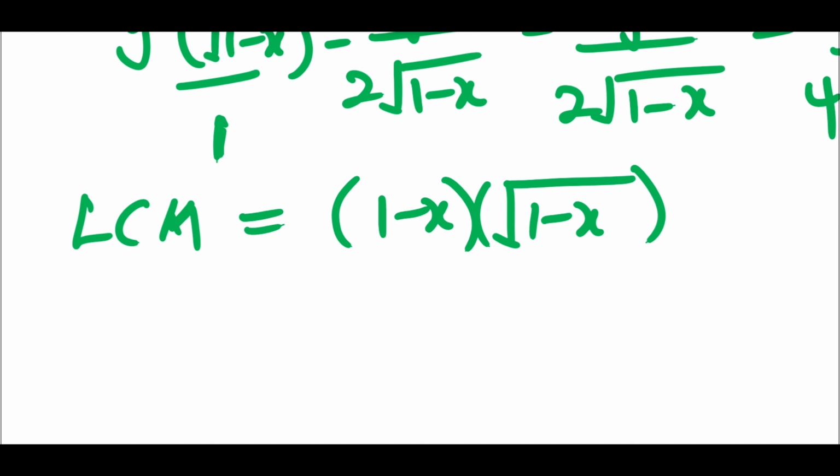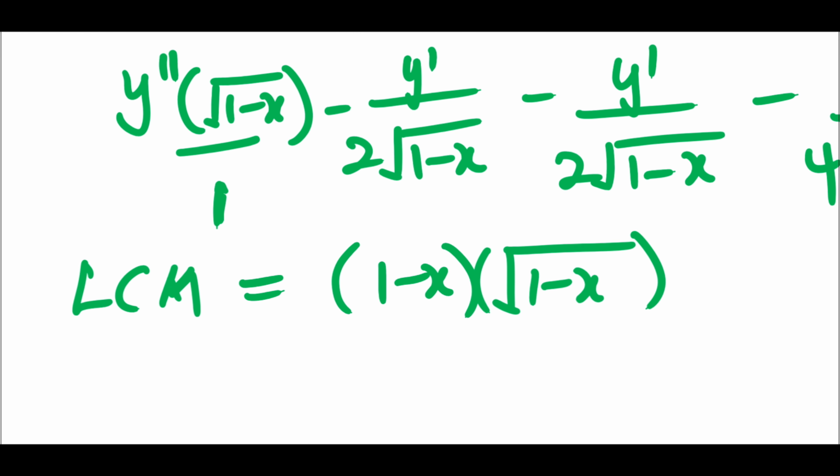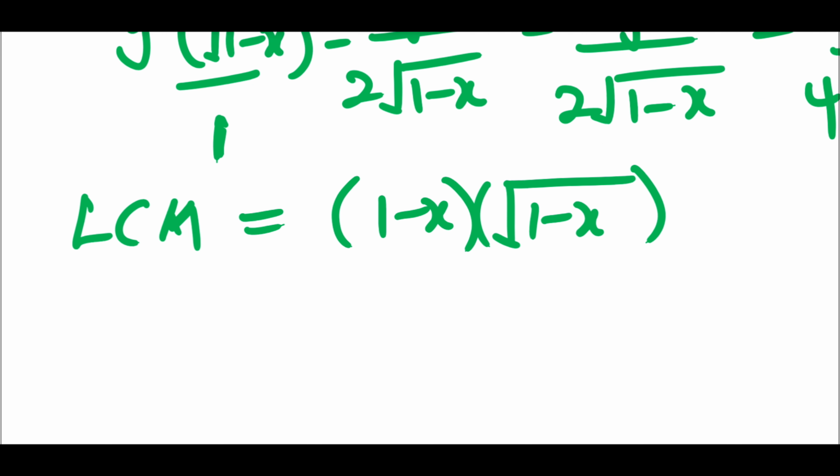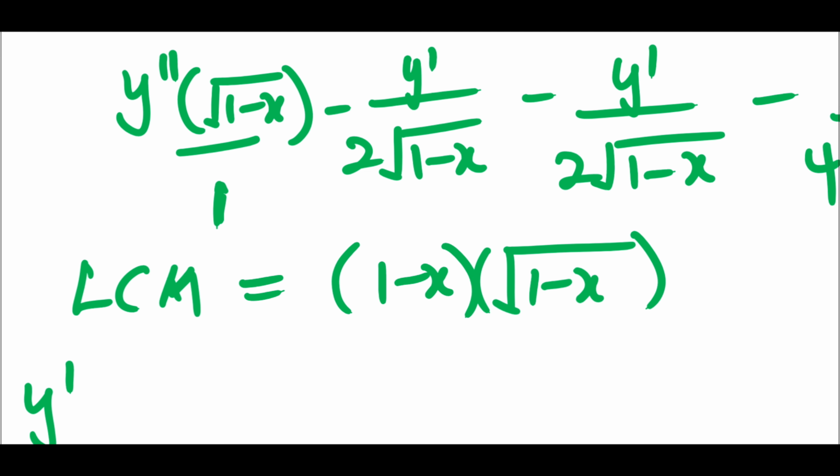All right. When you use the LCM to multiply this, this will cancel this. So we will be left with x minus 1 squared. So it's going to be y prime. Then another one is here. So this will cancel this when it multiplies through. So it's going to be 1 minus x.